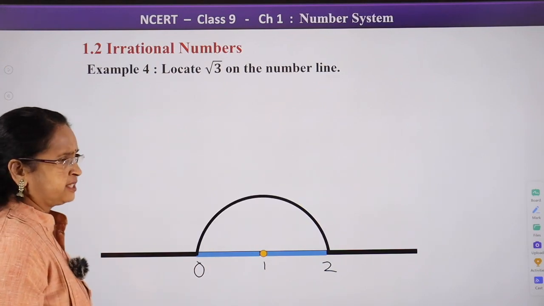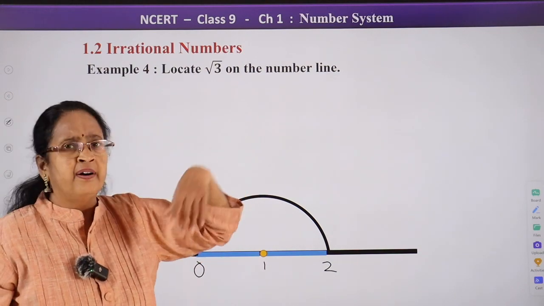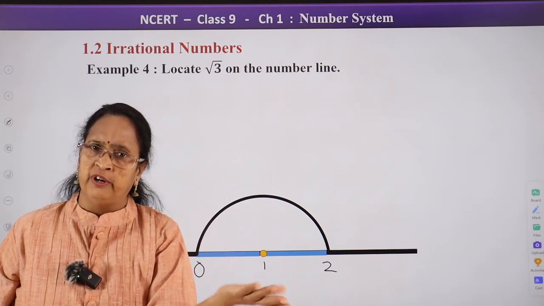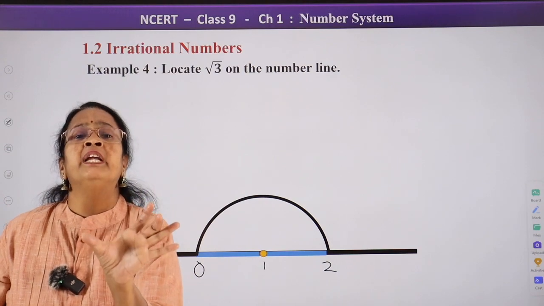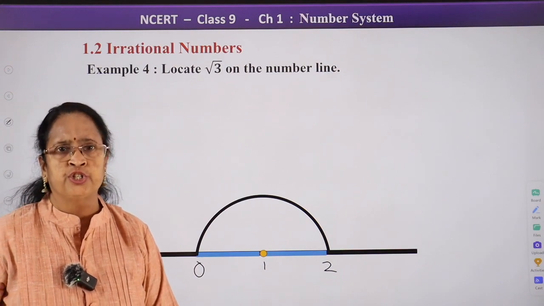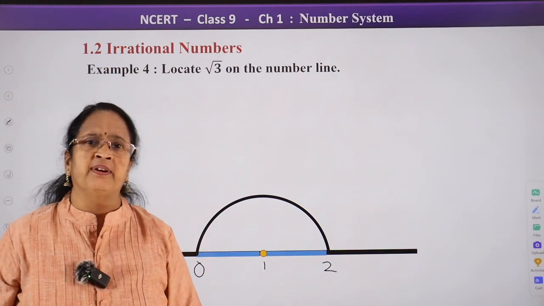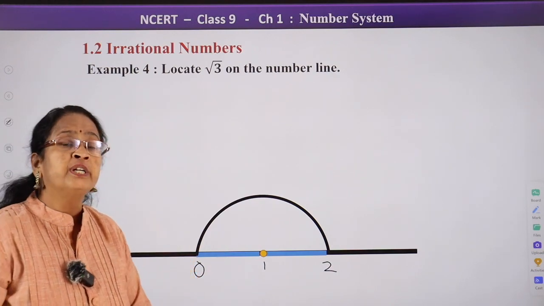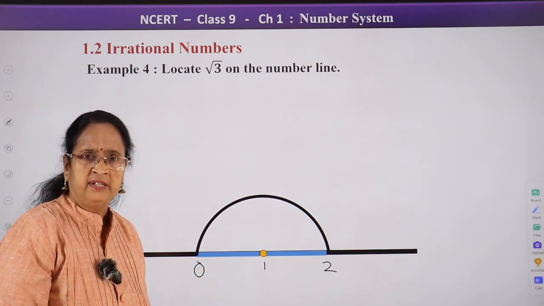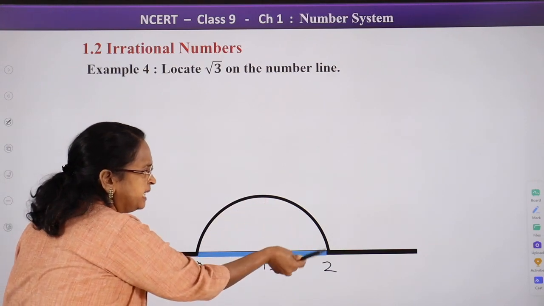Now, root 2, as I told you, is the root of 1 squared plus 1 squared. So, 1 centimeter we need to take everywhere to get the value of root 2. For my convenience, I have taken 1 centimeter as radius. Taking 1 as center, I have drawn a semicircle.